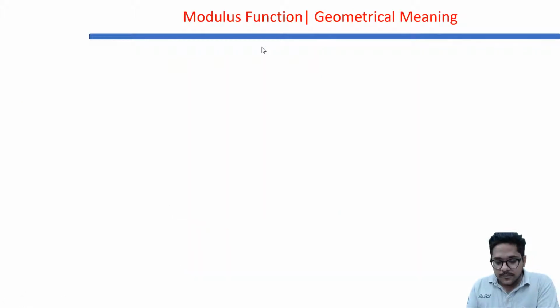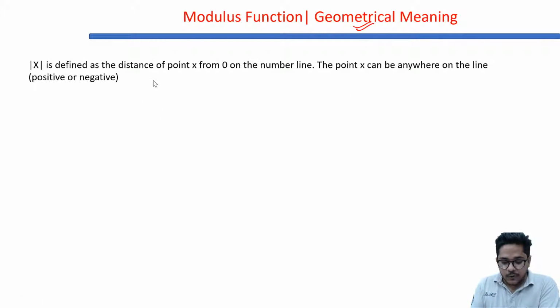Now we'll quickly look into the modulus function and its geometrical meaning. So what does it mean? Mod x is defined as the distance of point x from 0 on the number line. The point x can be on the number line either on the positive side or the negative side, or the left hand side or the right hand side. Let's see what exactly it means. So we have a number line, 0 is somewhere in between.